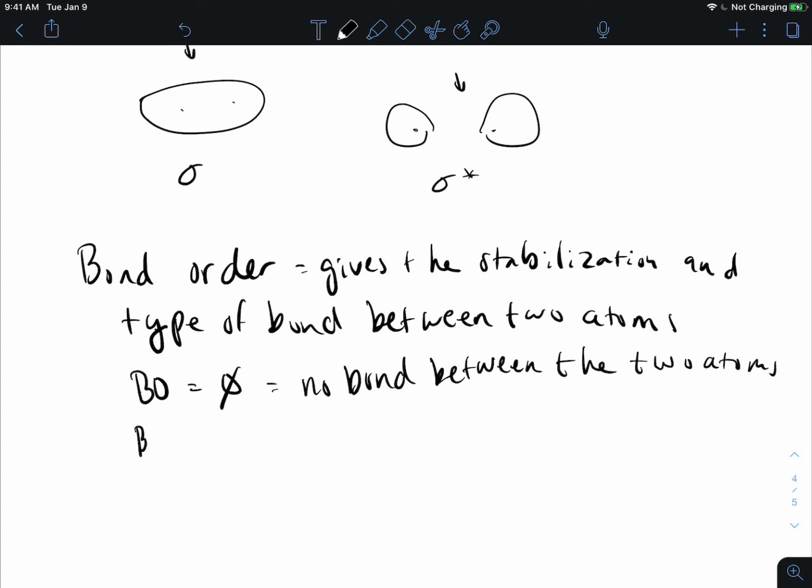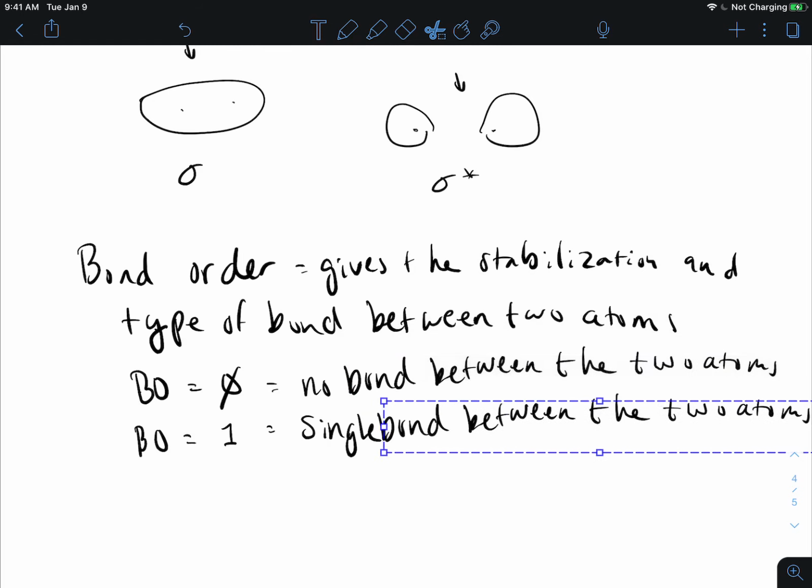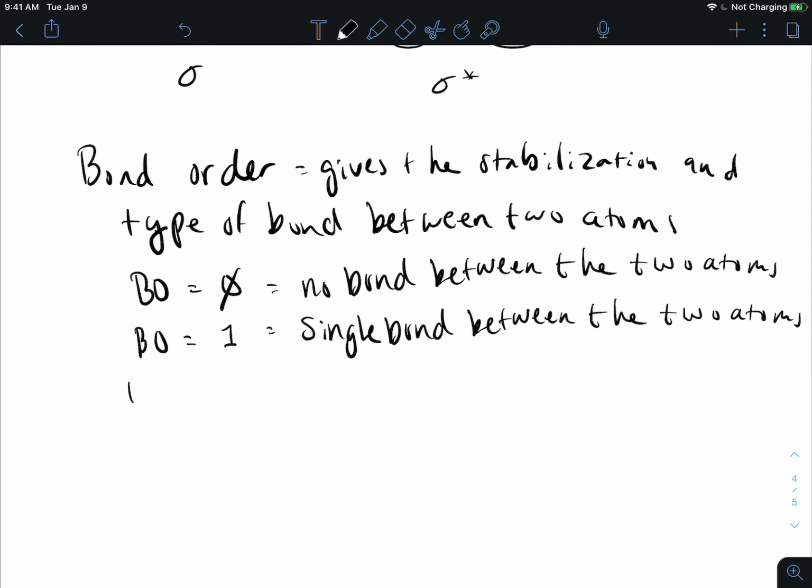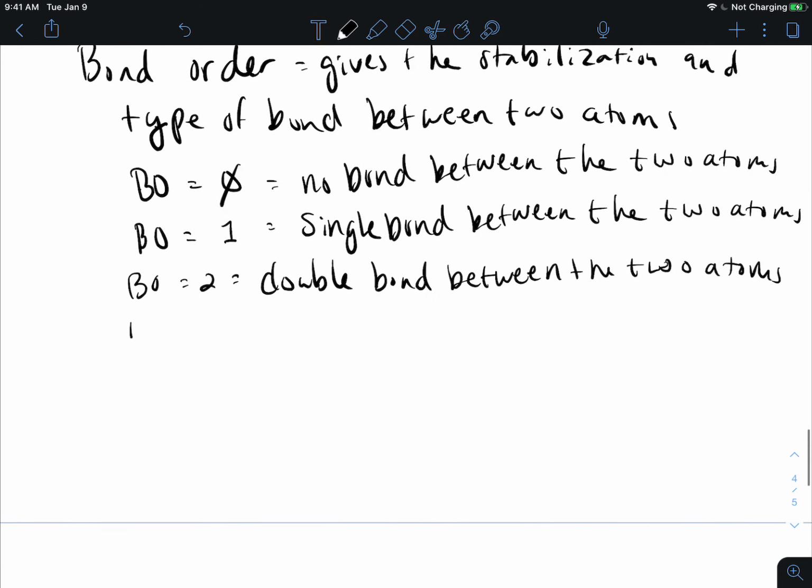If we have a bond order equal to 1, we'll have a single bond between the two atoms. Bond order equal to 2, we will have a double bond between the two atoms. A bond order equal to 3 is a triple bond between the two atoms.